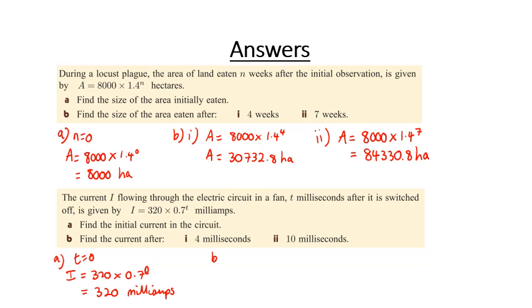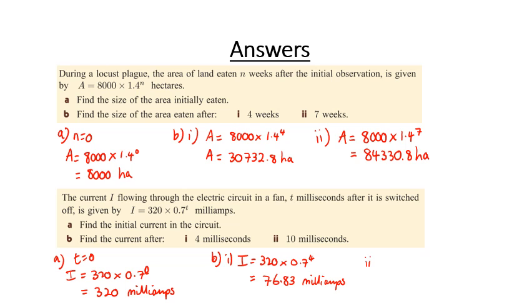If we're going to look at B, we've got I, and this is going to be 4 milliseconds, so that is I equals 320 times 0.7 to the power of 4. We can put that in our calculator. And that's going to be 76.83 milliamps.